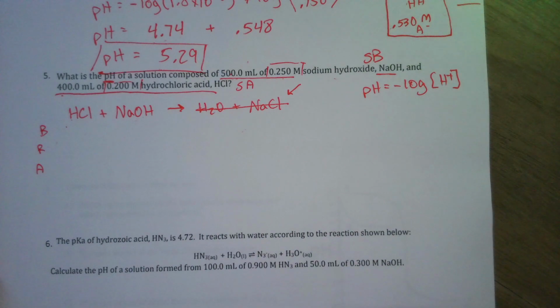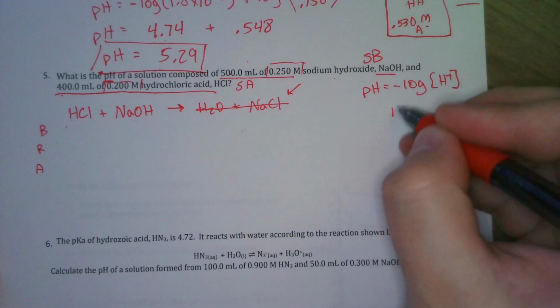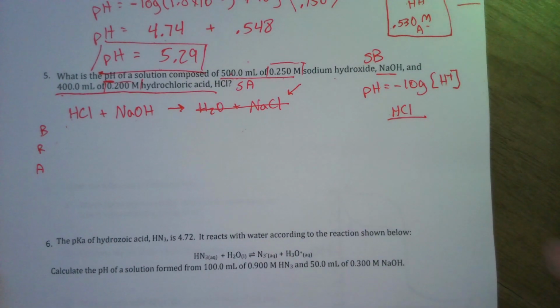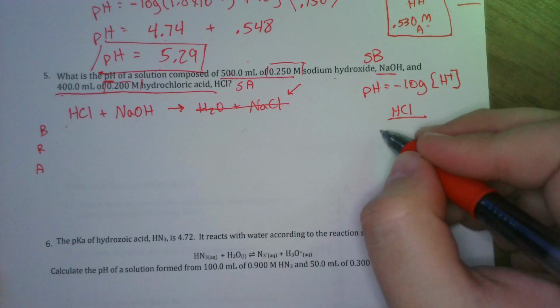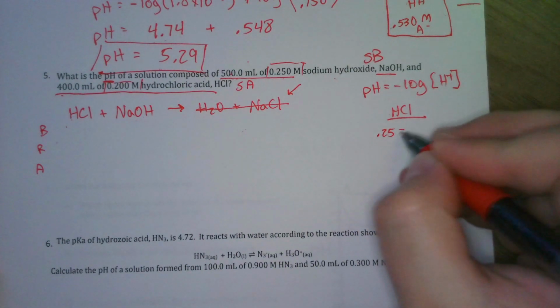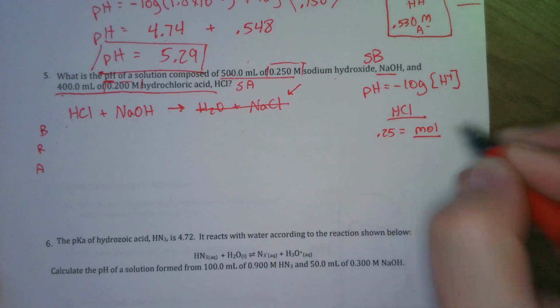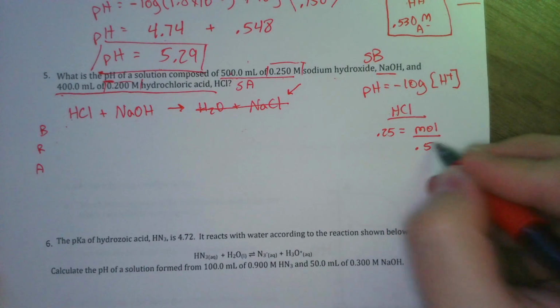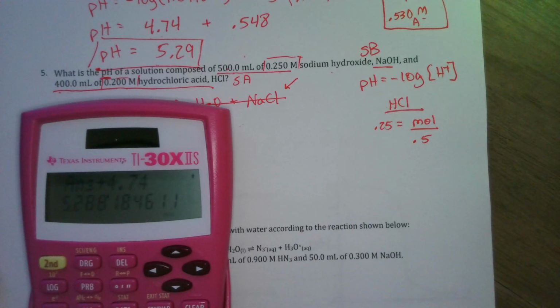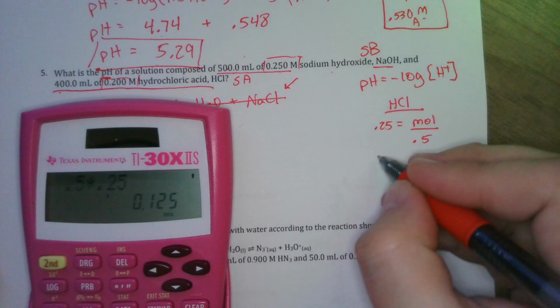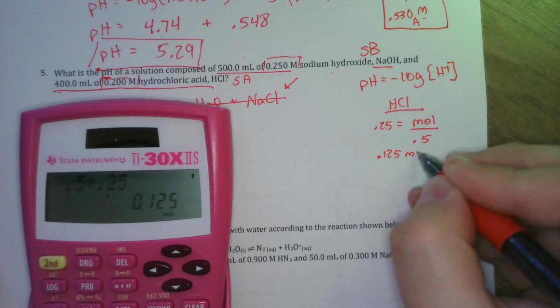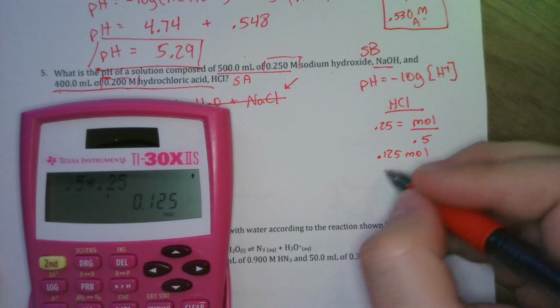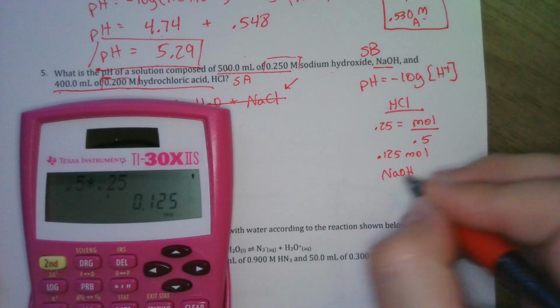So off to the side, I'm going to write HCl, figure out how many moles of it I have. Its molarity is 0.25 equals moles divided by liters. 500 milliliters is 0.5 liters. So 0.5 times 0.25, 0.125 moles of acid. I'm going to repeat that for my base.